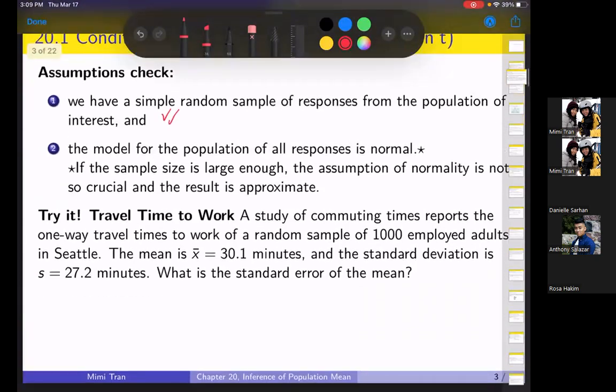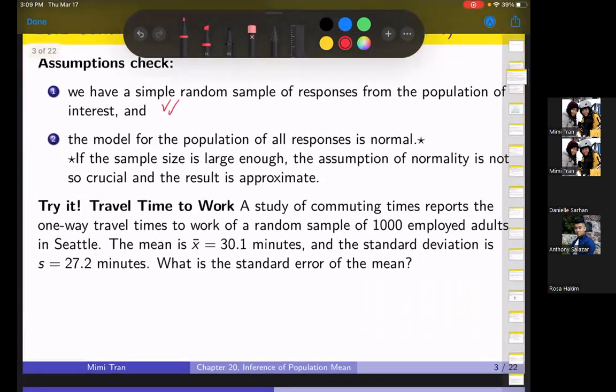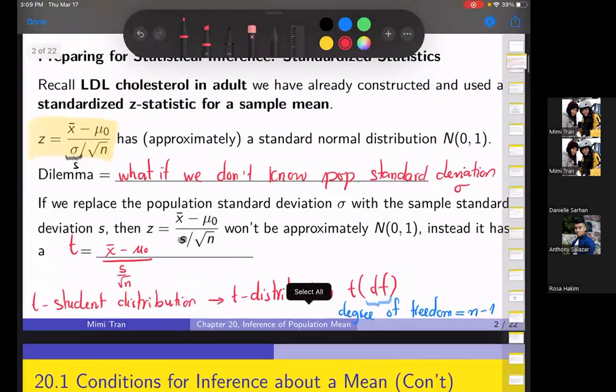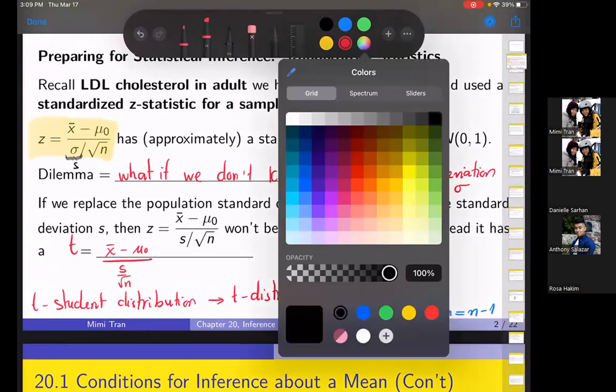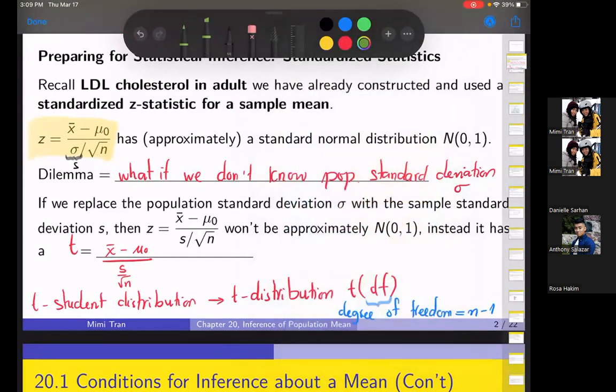Let me remind you, do you guys remember the standard error that I mentioned last time? Anyone remember the standard error? The formula for standard error? That's your standard error, right?